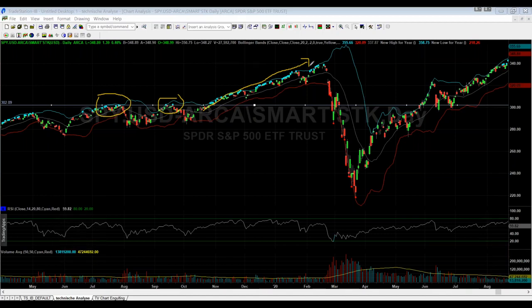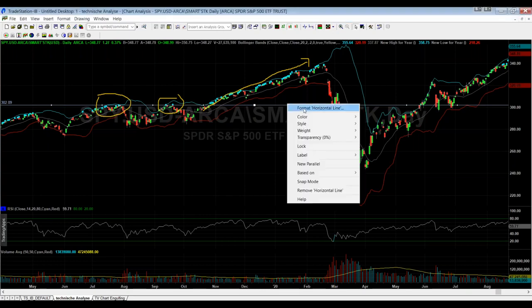So support and resistance lines, which are easy drawing objects, are, I think, the easiest and the best way of technical analysis. And especially here in TradeStation, you can combine them with an alert function, which makes it easier for you to get a signal as a pop-up window, as a tone. It's just a right click on the resistance or on the horizontal line which you draw here.